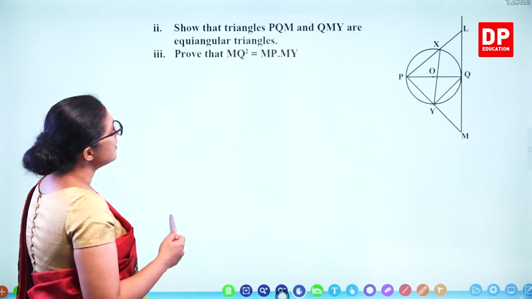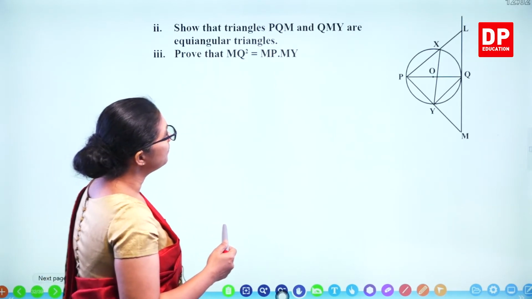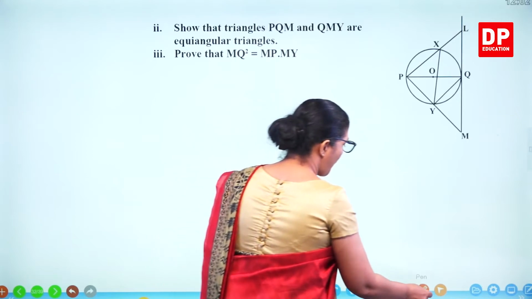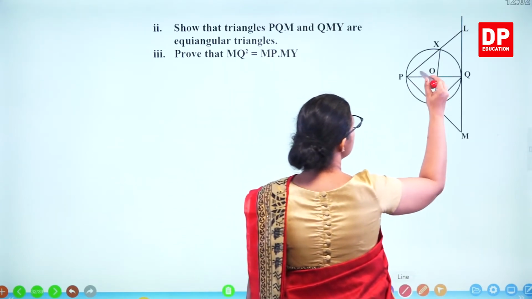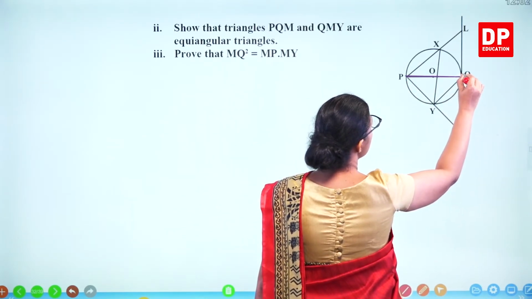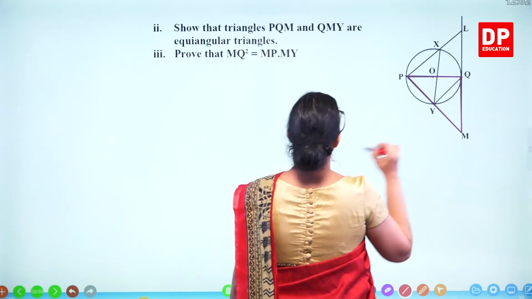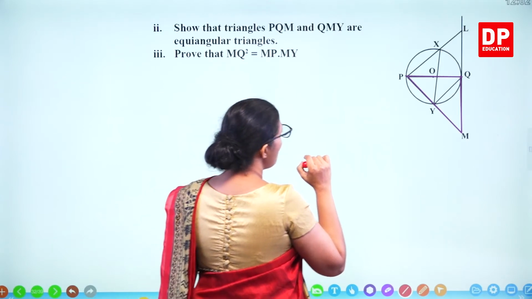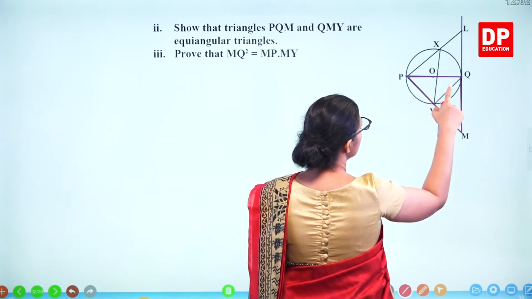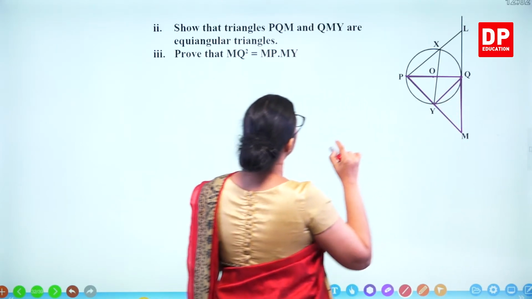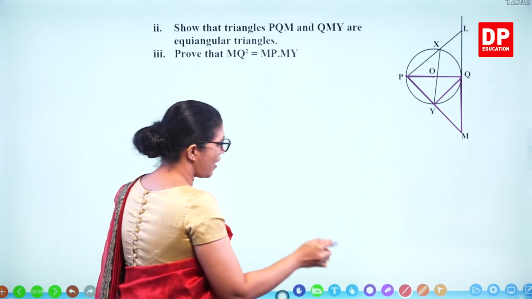Show that triangles PQM, we'll draw the triangles that we need. PQM, this triangle, and QMY, this triangle, are equiangular triangles.